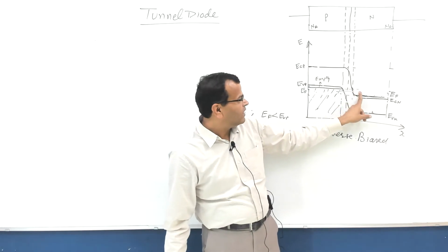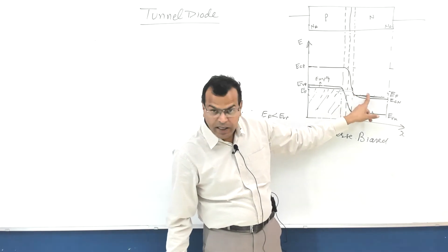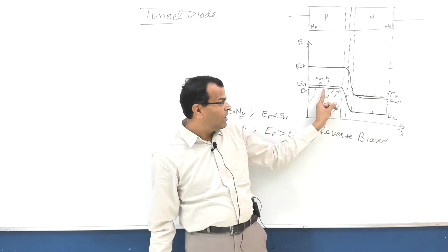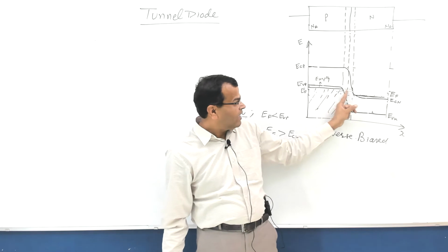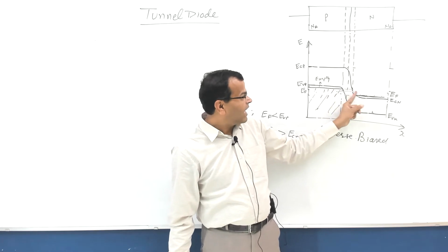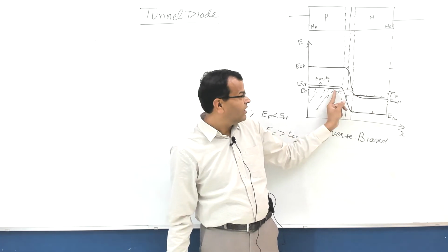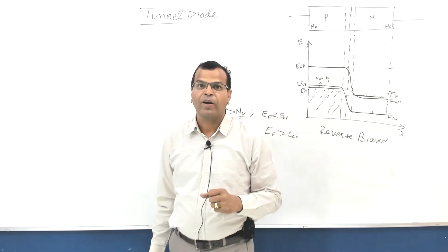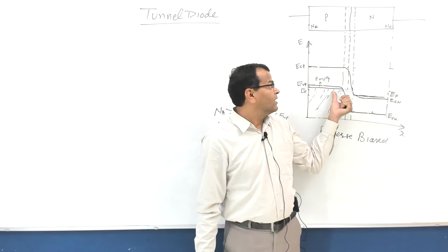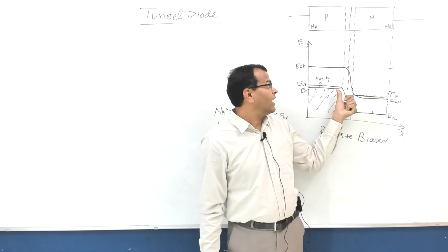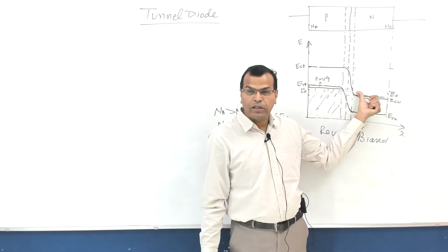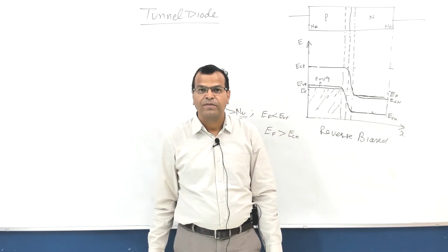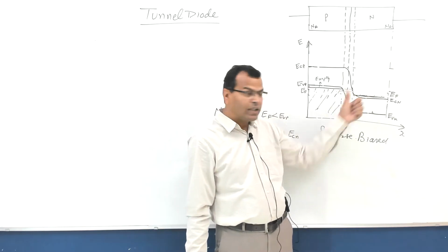So all the energy states above the Fermi level on the N side are empty, and all the energy states below the Fermi level on the P side are filled. Because of the shifting, there are empty states on this side and filled states on this side, but at the same energy level. So there is a possibility that charge carriers may flow from the P side to the N side. Electrons will flow from the P side to the N side.